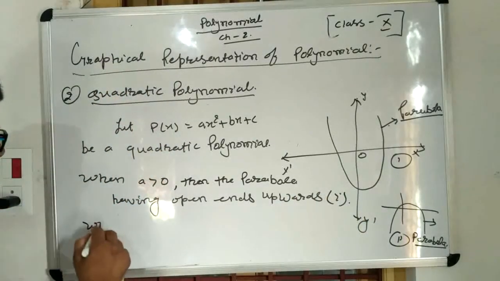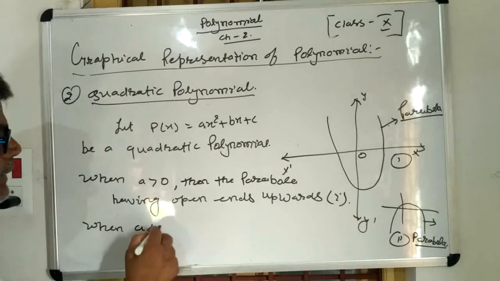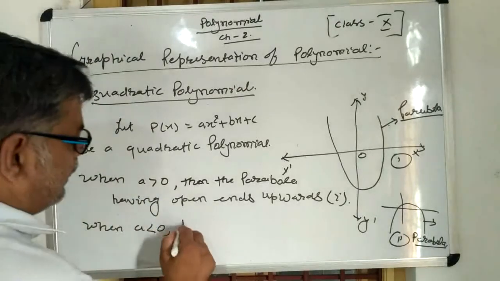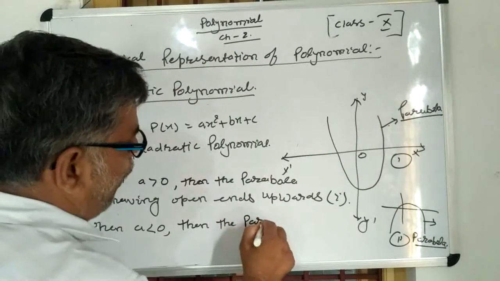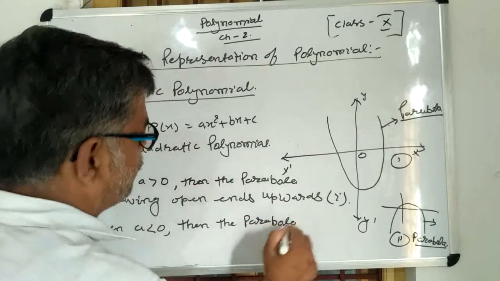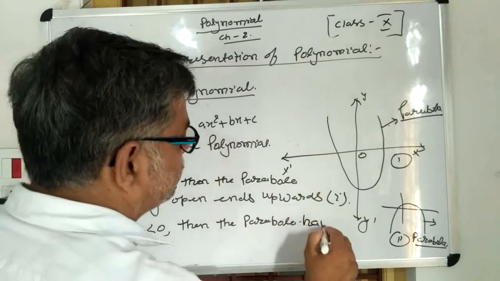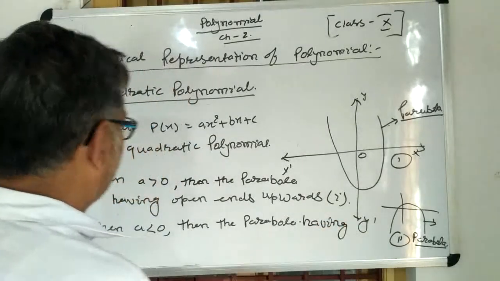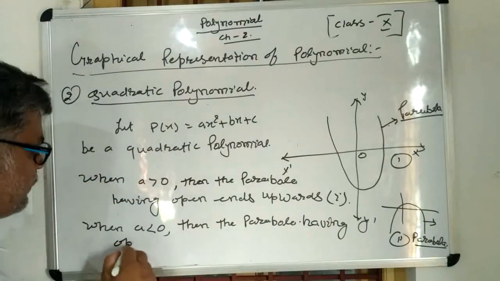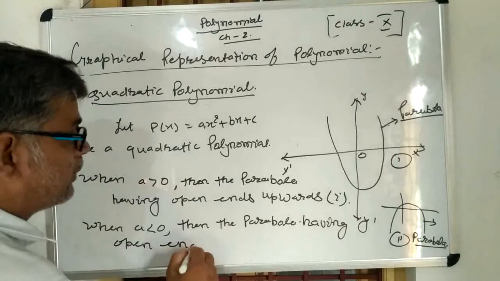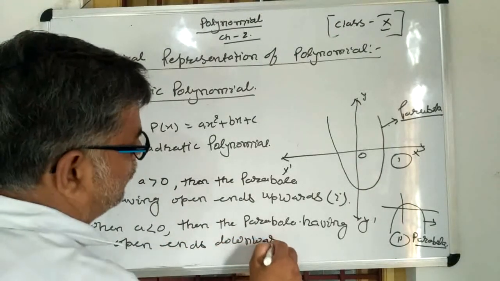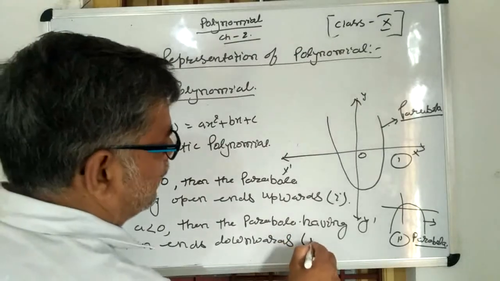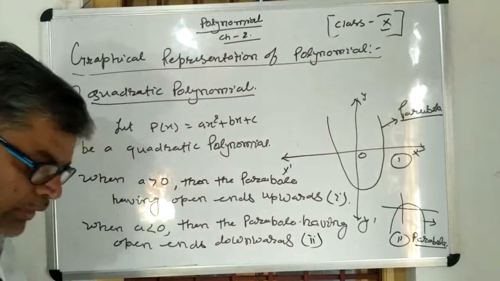And when a is less than 0, then the parabola has its open end downwards, that is figure number 2. So this is the case.